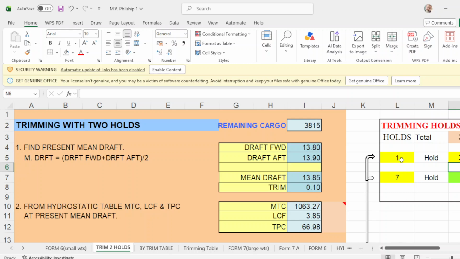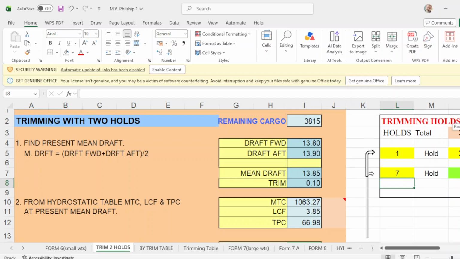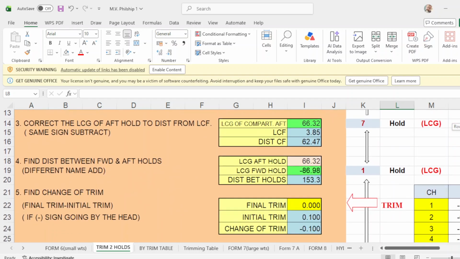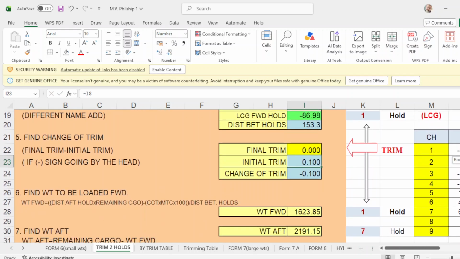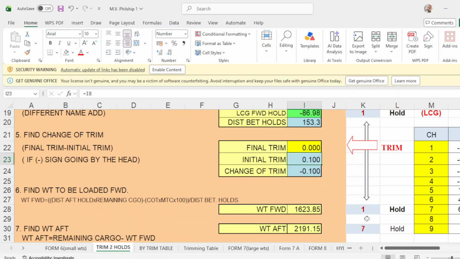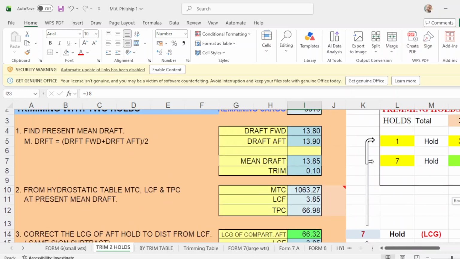So your trimming holds, for example, are 1 and 7. Then scroll down. For example, you want to depart at even keel, so you put 0. And how much will you load in holds number 1 and 7? So for number 1, it recommends to load 1624. So round it up, 1624.